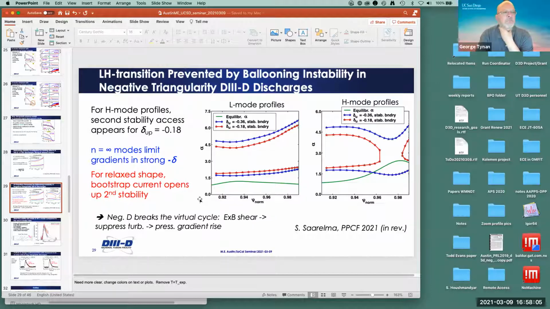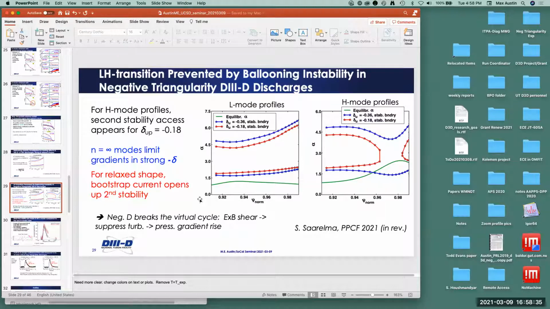Okay, thanks. All right. Speaking of the devil, Lothar. Yeah, so I can mainly comment on the comparison of the lower and higher negative triangularity discharges. What seems to happen is that if there is a threshold, it's extremely high. So above the 14 megawatts that I would put in, and that's about 6 times the equivalent threshold in a positive triangularity plasma.